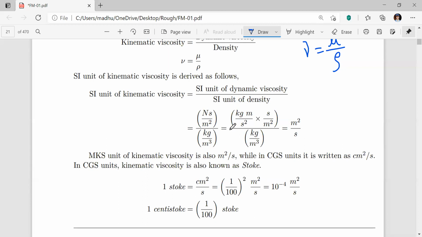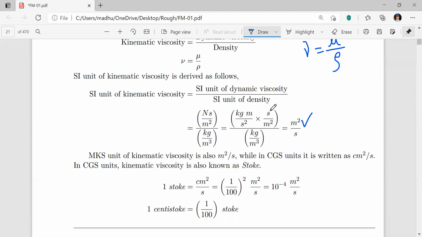Simplifying these things, Newton is kg meter per second square, multiplied by second per meter square, and so on. Now just cancel whatever you can cancel. After simplification you will get meter square per second.